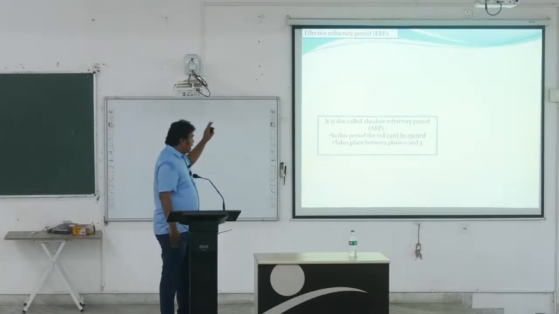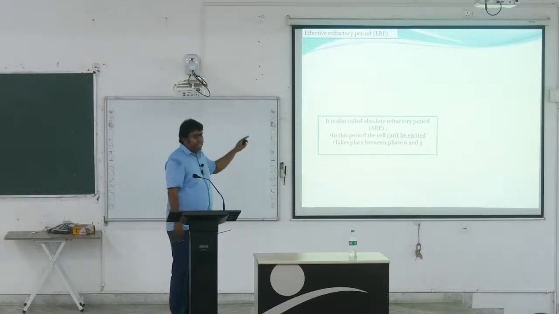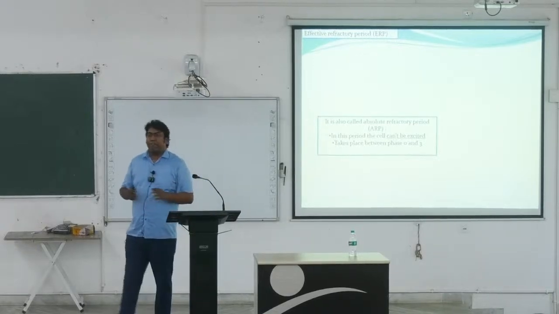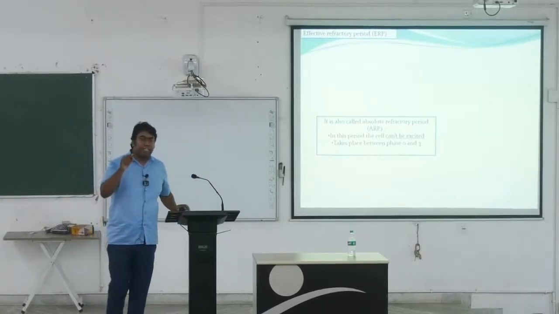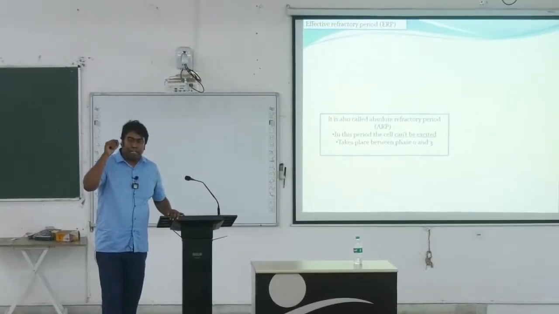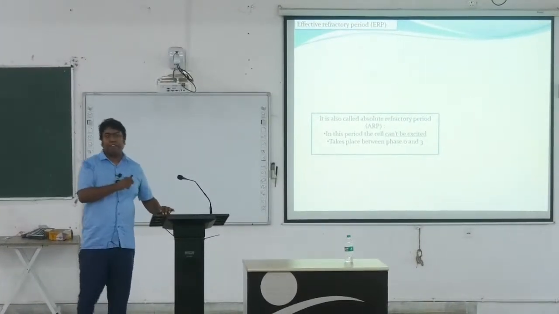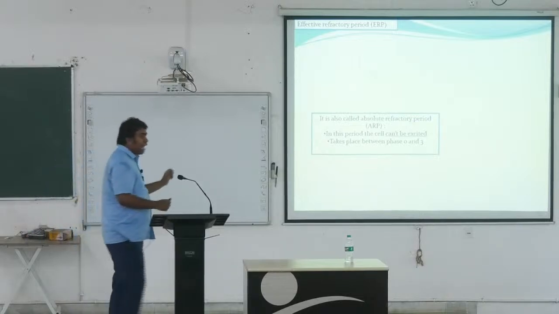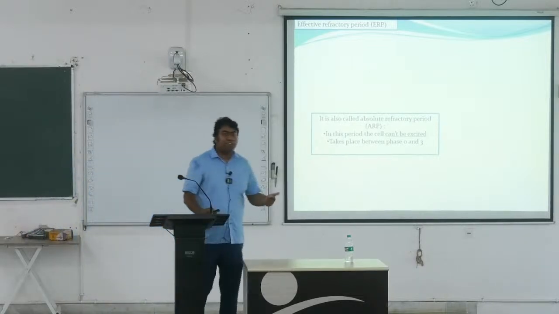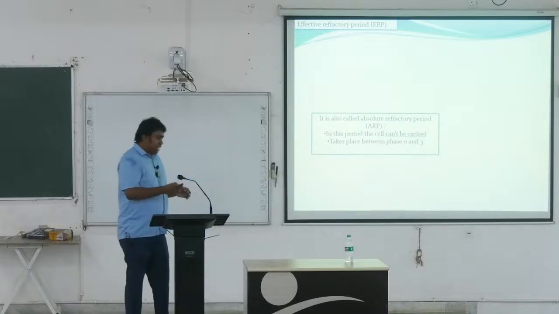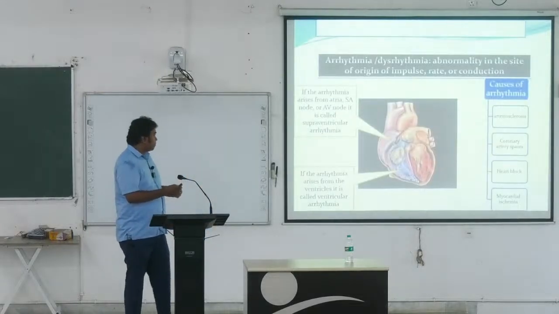Another thing is the effective refractory period. This is the green side. It shows the effective refractory period. That means even the highest stimulus going inside this effective refractory period cannot produce a second impulse. It is the effective refractory period.